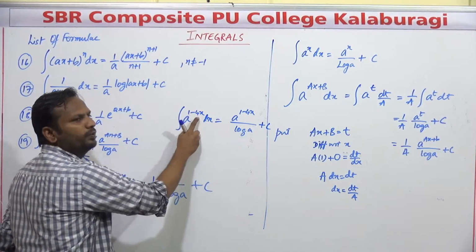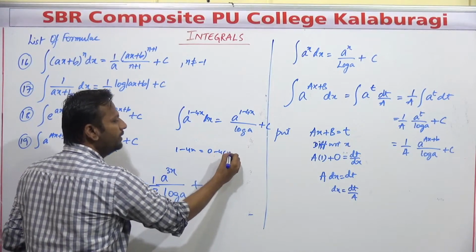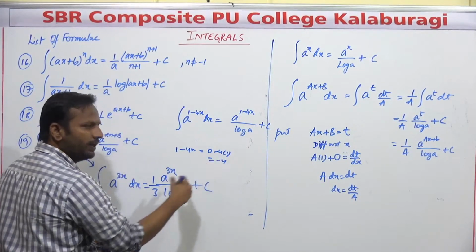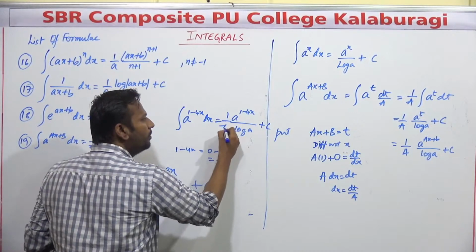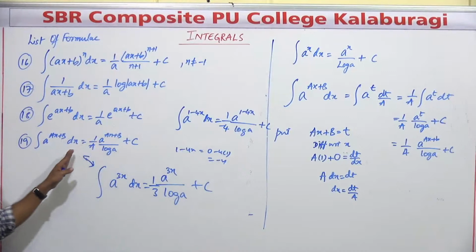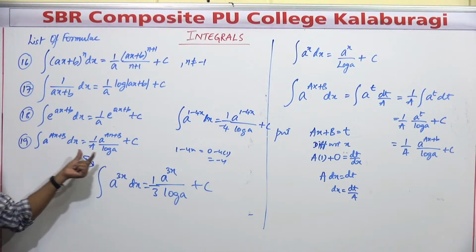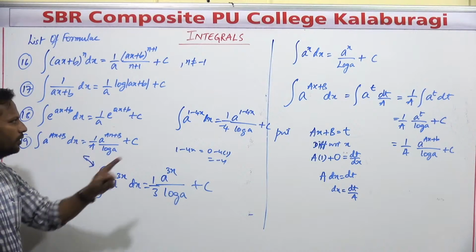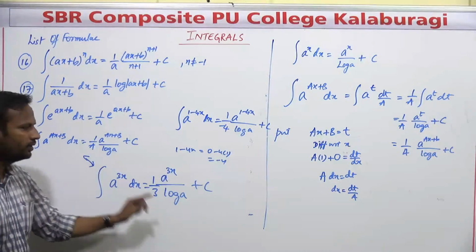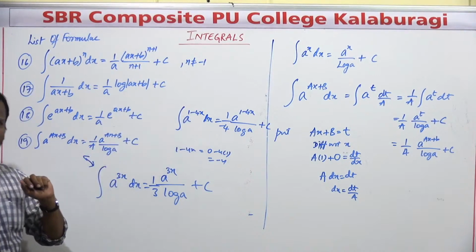What is the derivative of 1 minus 4x? 0 minus 4 into 1, that is minus 4. So this minus 4 we have to keep in the denominator. I proved this here, a to the power ax, like this. Got it now? How to do the things? So this is the formula if we have it given in this form. Understood now?